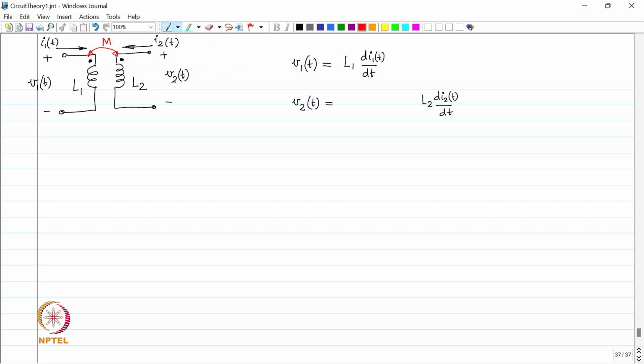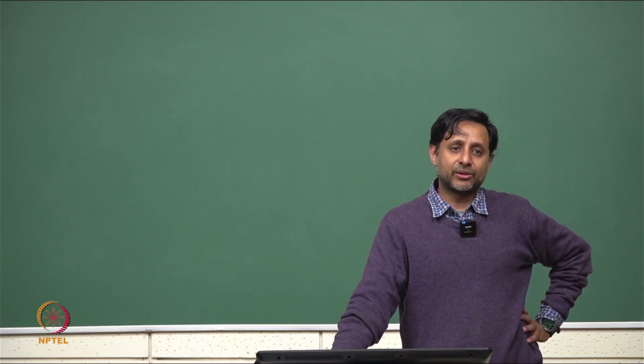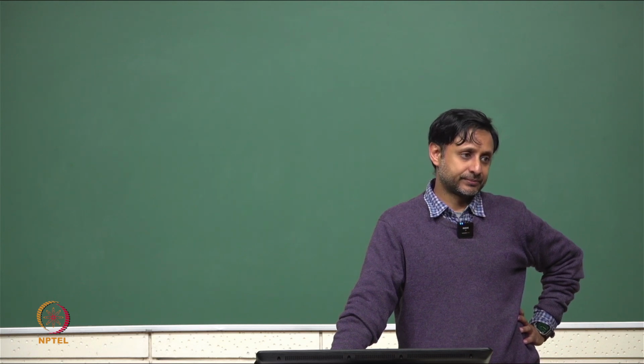This means that these two inductor coils were wound on the same iron core. The flux going through one is also going through the other one, at least a part of it. Some flux that is going through one of the two coils is also going through the other coil and vice versa.